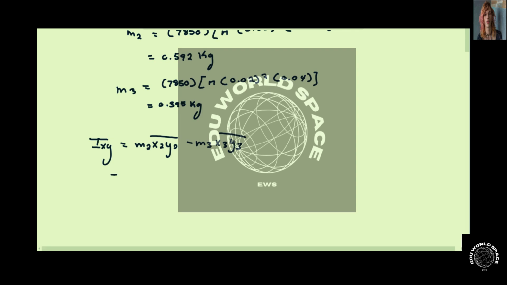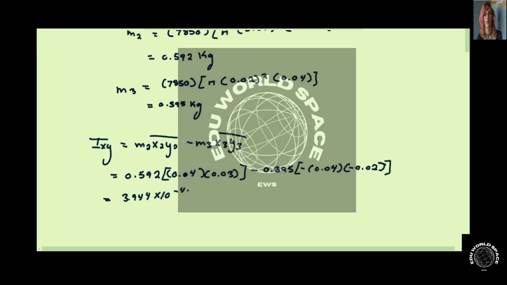So 0.592 times 0.04 times 0.03 minus 0.395 times negative 0.04 times negative 0.02. And we get 3.944 times 10 to the negative 4 kilograms meters squared.